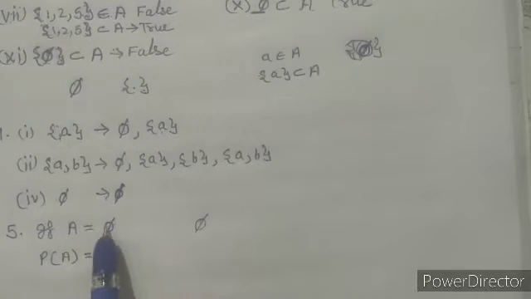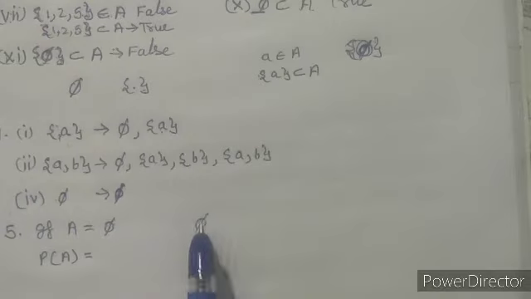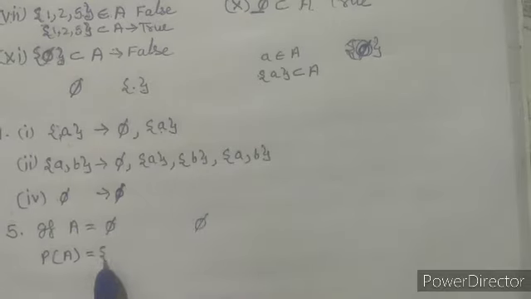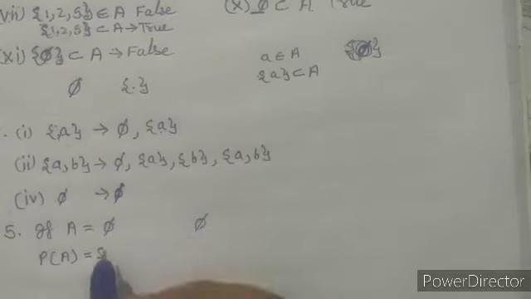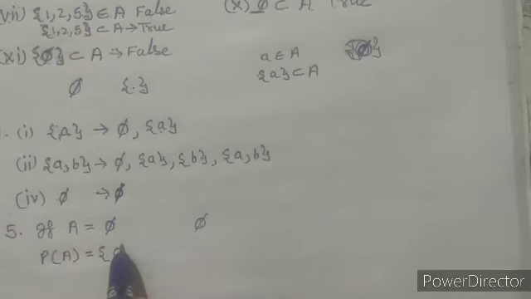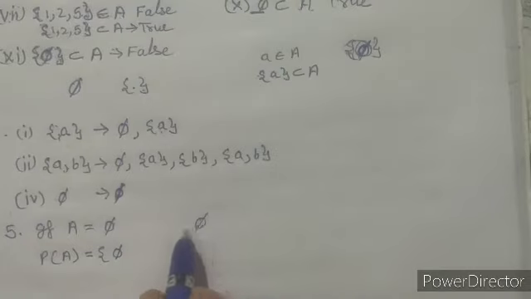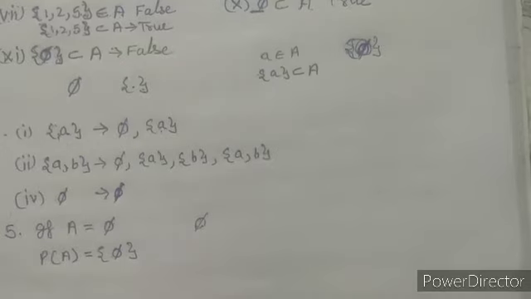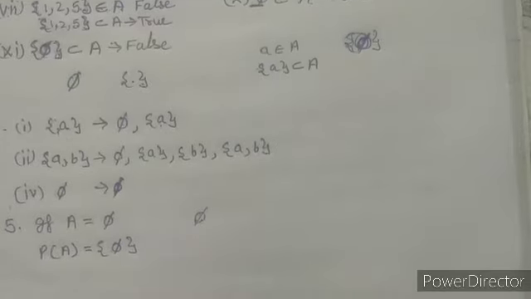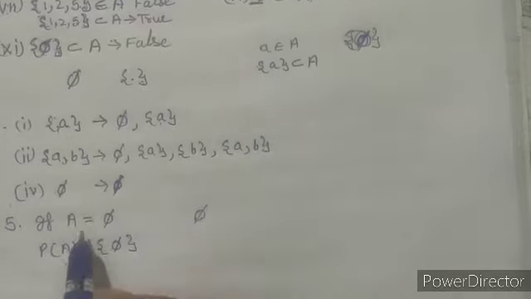So if A is a null set, it will have only one subset, that is the null set. So the power set of A is the set of the subsets, and it has only one subset, the null set. So we can say the power set of A will have only one element, and that is the null set.